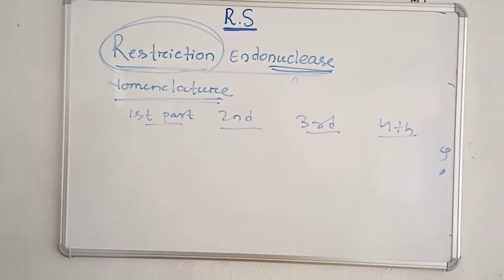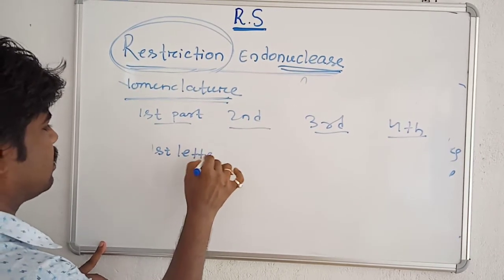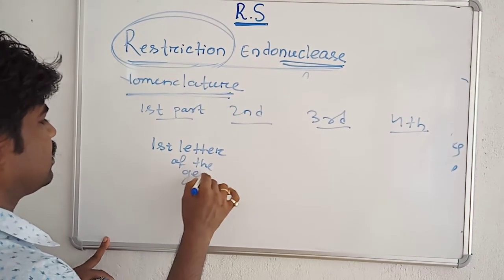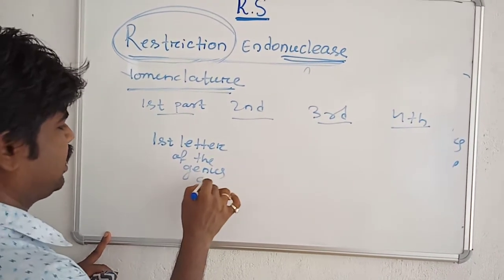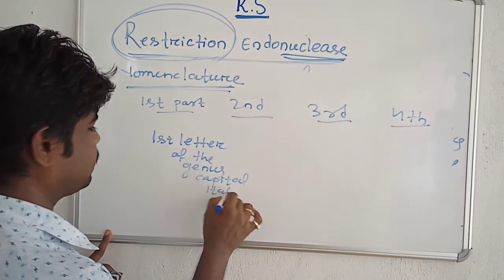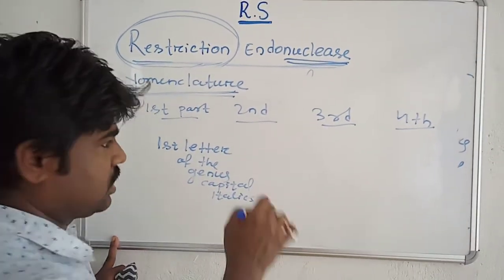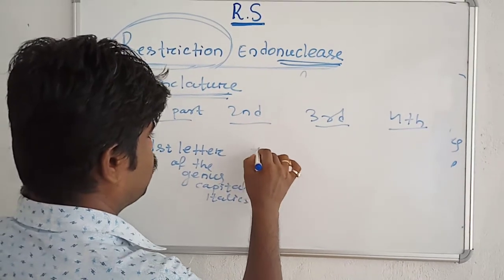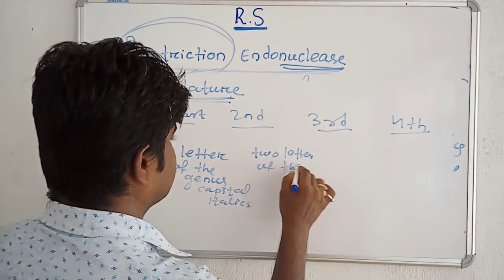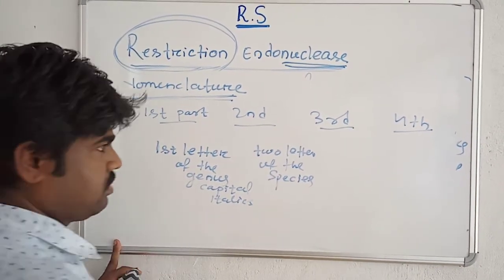The first part is the first letter of the genus name, and it is written in capital and in italics, right? The second is the first two letters of the species name, of the organism from which it is derived or isolated.